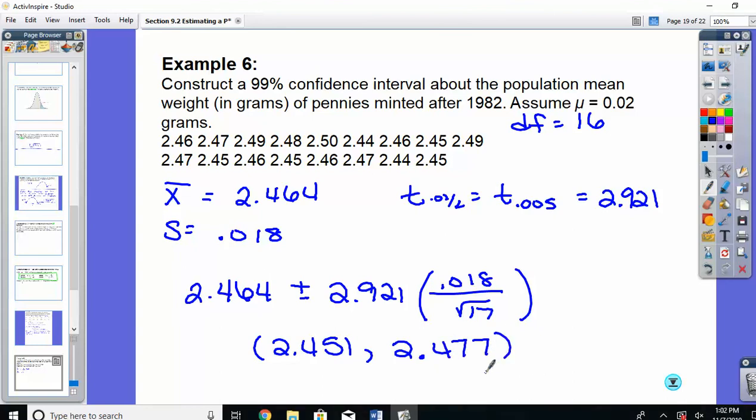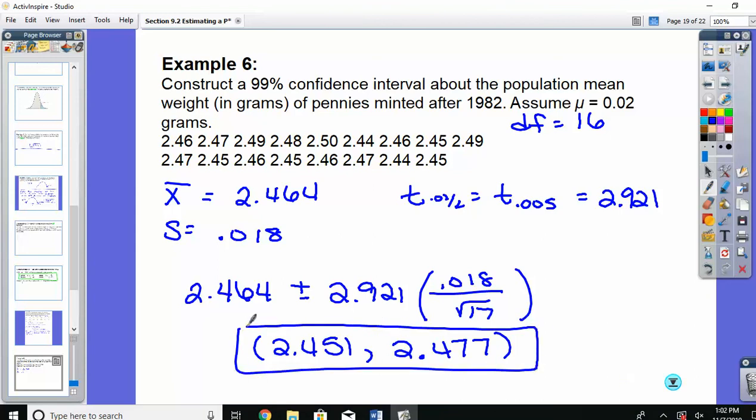So I get an interval 0.2451 to 2.44 or 477. Again, if you rounded your S differently, then you might get a slightly different interval. Slightly different, I mean like the nearest thousand might be off, last decimal place might be.